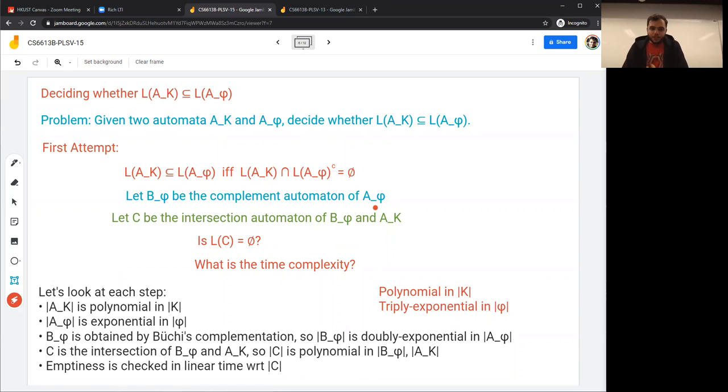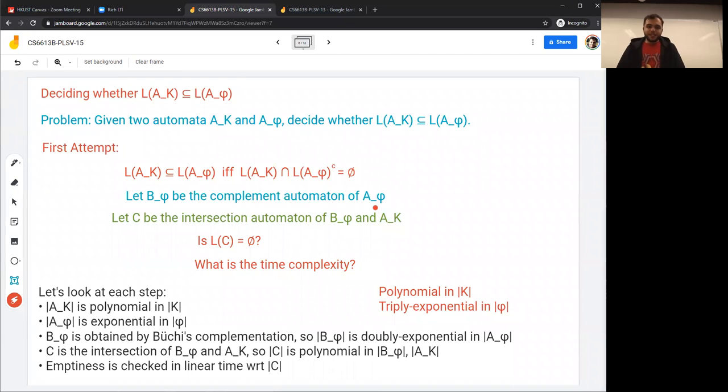If our automaton was deterministic, then computing the complement was easy. And this actually held for any type of deterministic automaton. So if you had, for example, a deterministic Büchi automaton, you could easily complement it. But also if you have, let's say, a deterministic parity automaton, you can just increase all the priorities by one, and that complements the automaton, right? So complementing deterministic automata is much easier.